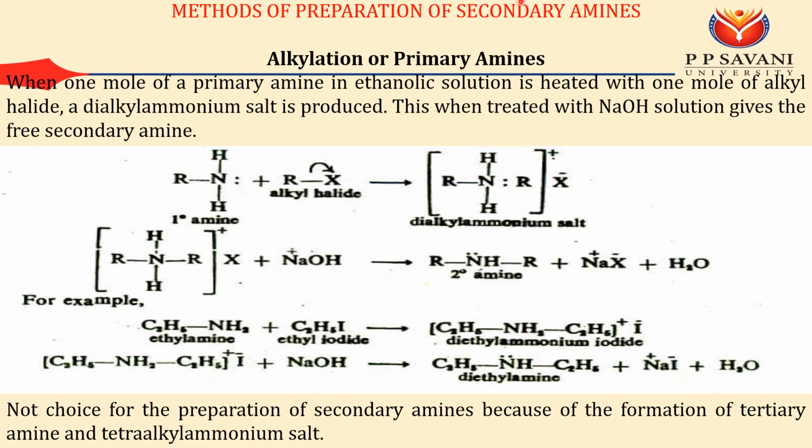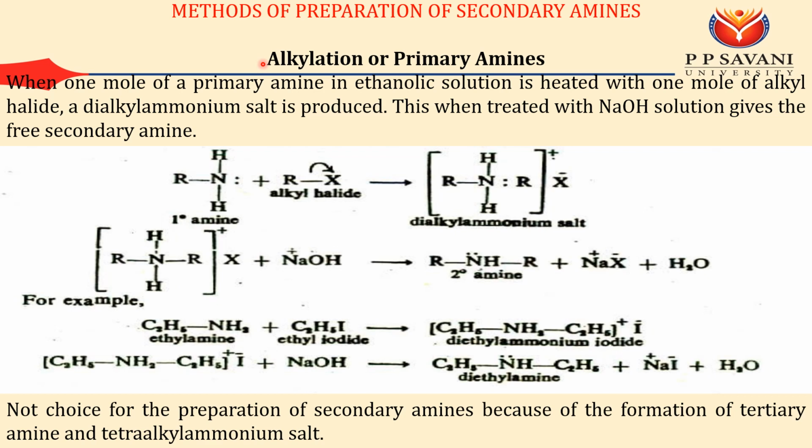So the methods of preparation of secondary or tertiary amines are similar to those for primary amines that I taught you in the last lecture. You can do alkylations of primary amines.